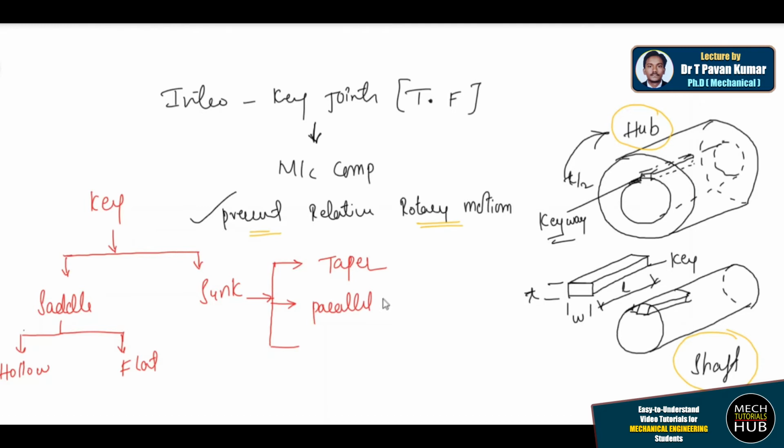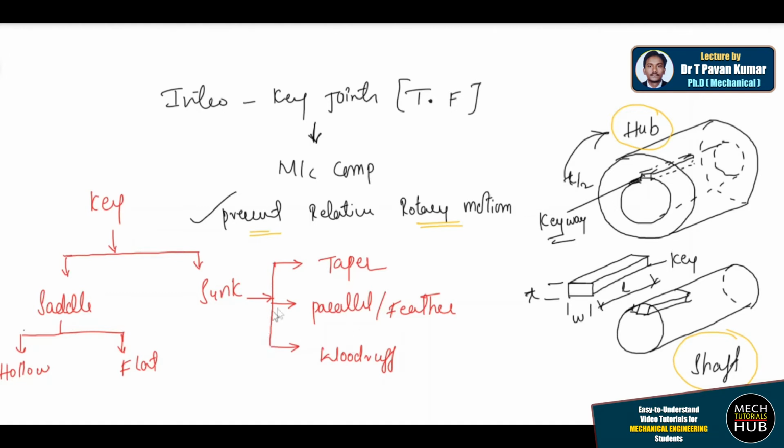These parallel keys can also be called feather keys. And number three is the Woodruff key. These are the basic classifications. Keys are classified into saddle and sunk keys. Again, saddle keys are subcategorized as hollow and flat, and sunk keys as taper, parallel and Woodruff keys.